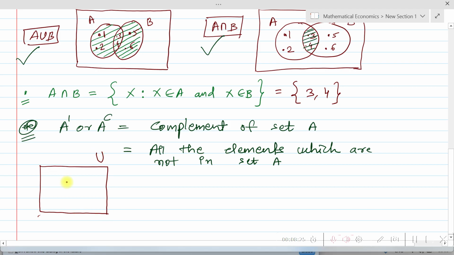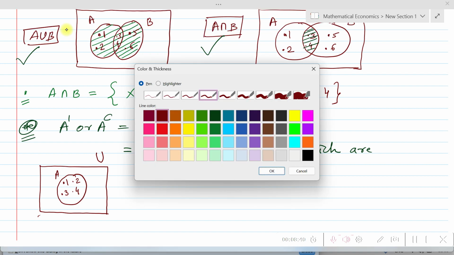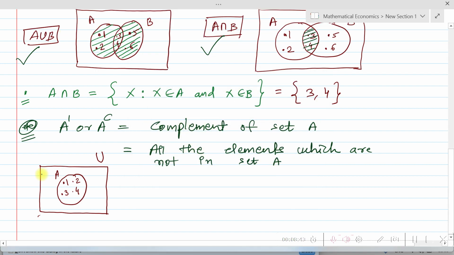This is universal set. Suppose this is set A, that is 1, 2, 3 and 4. Now what is complement set? All the elements which are not there in set A. So this shaded area is A dash. This is A dash or A^C.